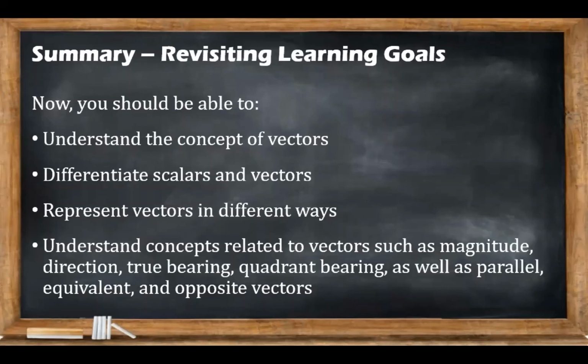Then you need to be able to understand the concepts related to vectors, such as magnitude, direction, true bearing, quadrant bearing, as well as parallel, equivalent, and opposite vectors. And remember that you should also be able to convert between the true bearing and quadrant bearing, right?